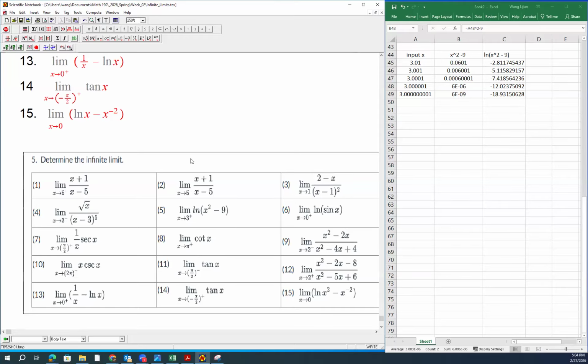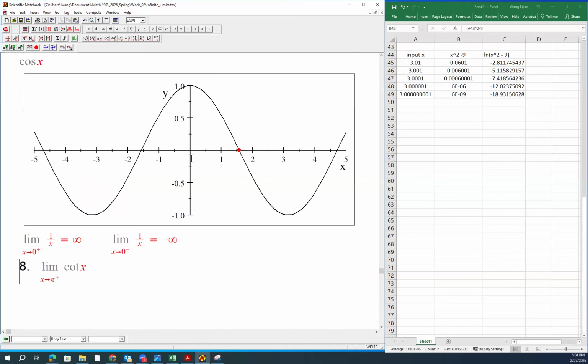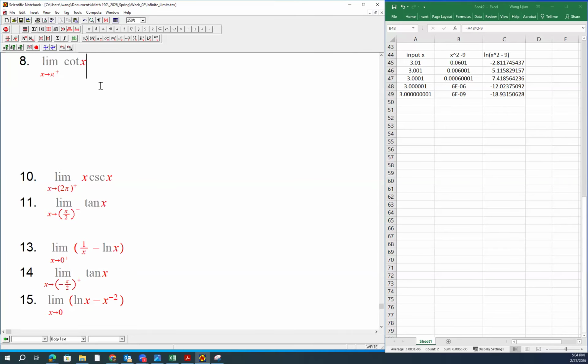Let me just double check if I copied the question correctly. I did. If you don't remember the cotangent curve, no problem. We can use cosine over sine to replace it. So cosine x over sine x.